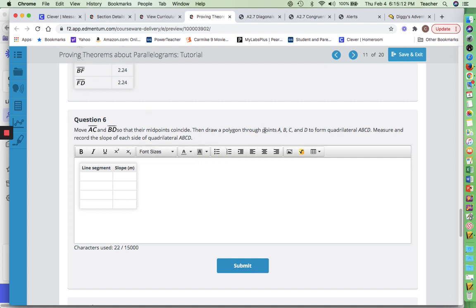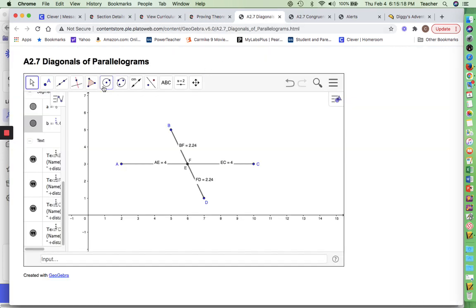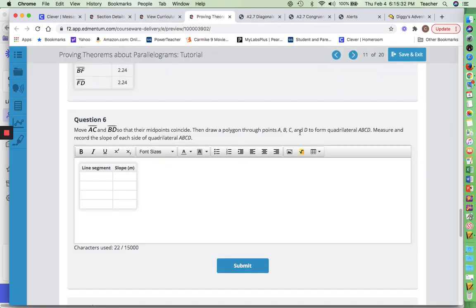All right, then draw a parallelogram through points A, B, C, and D to form the quadrilateral. Ha! What did I tell you? All right, so I'm going to come back over here to segment. I'm going to connect A to B, B to C, C to D, D back to A. Now we have to measure and record the slope of each side of the quadrilateral.